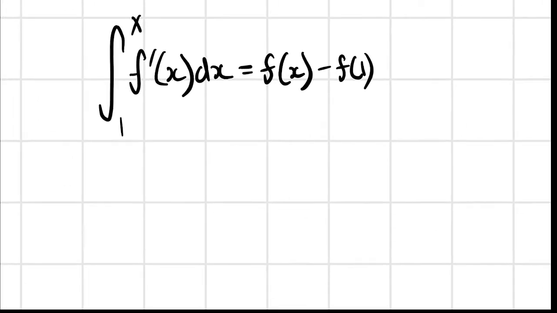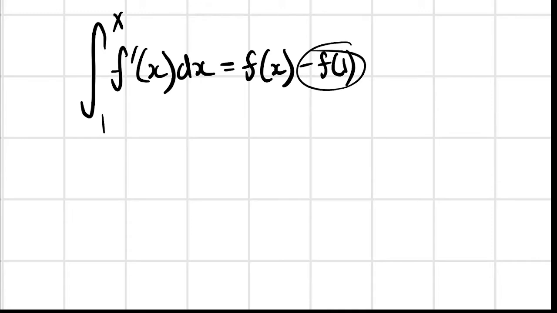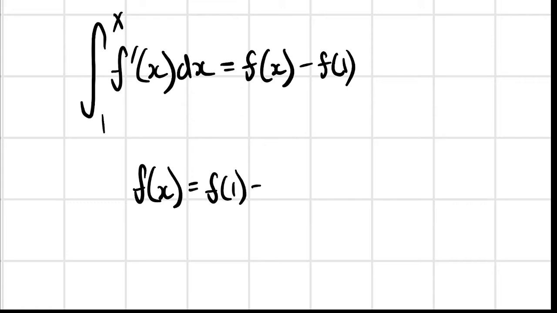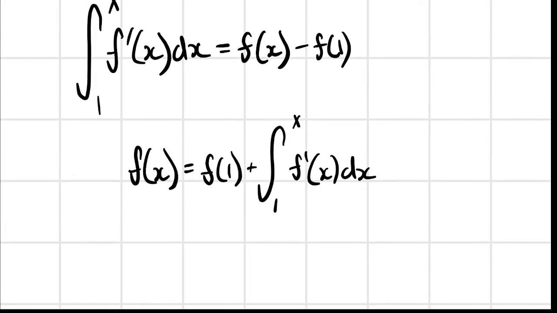Now we just add this to this side, and we will get that f of x is equal to f of 1 plus the integral from 1 to x of f prime of x dx. And this is 3 right here. Okay, so that is our general equation.